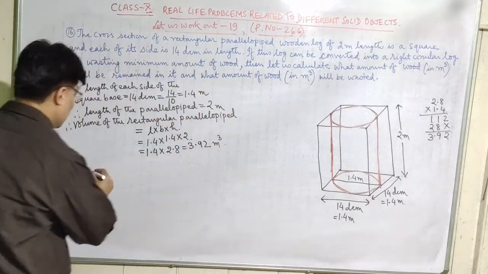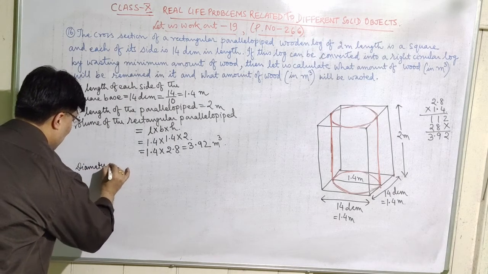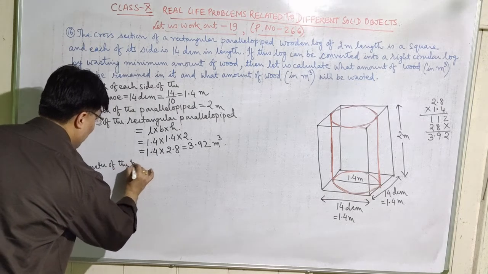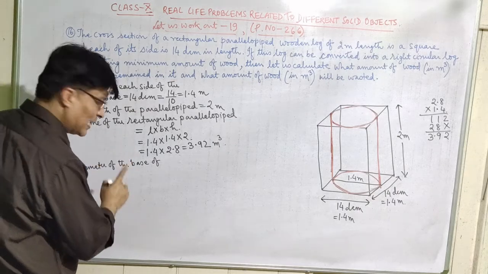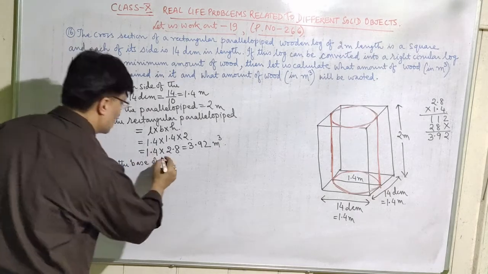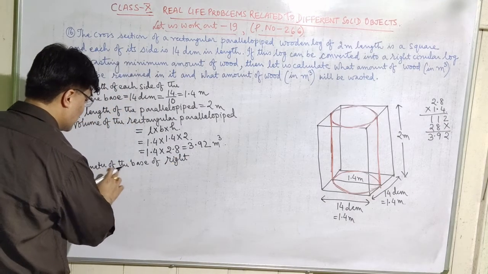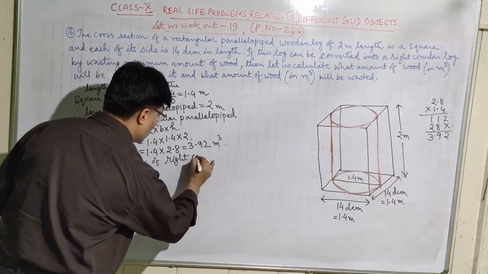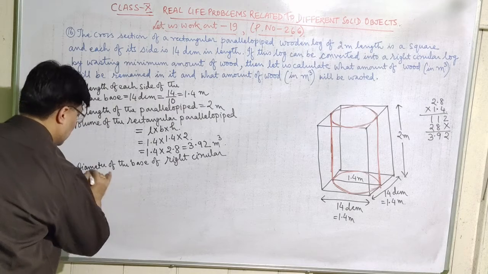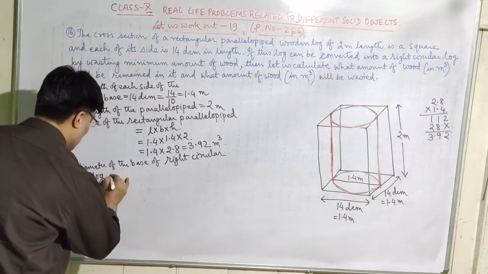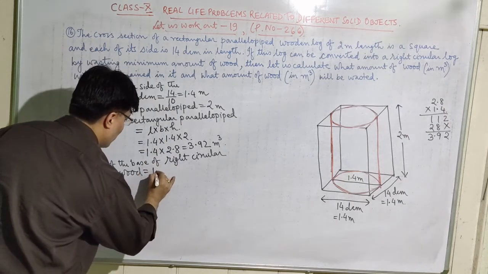Now here, the diameter of the base of the right circular log of wood is 1.4 meter.